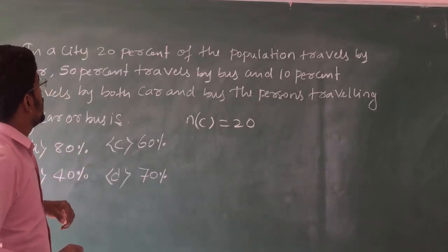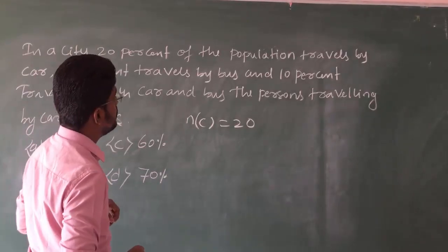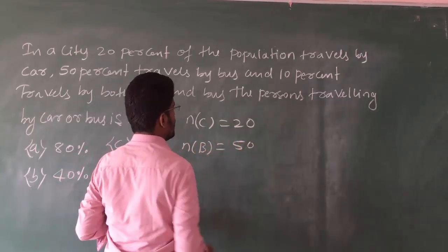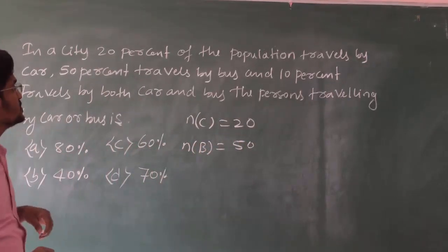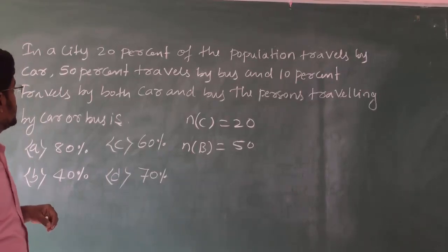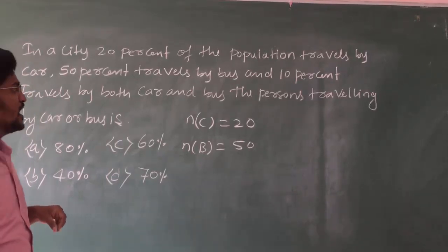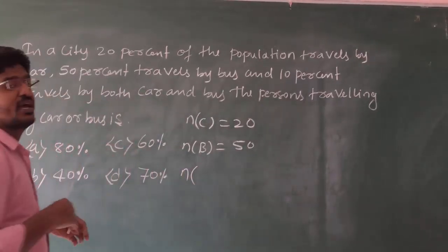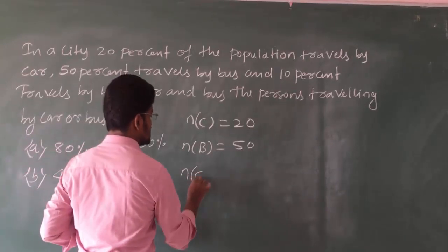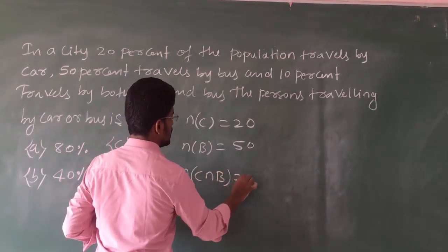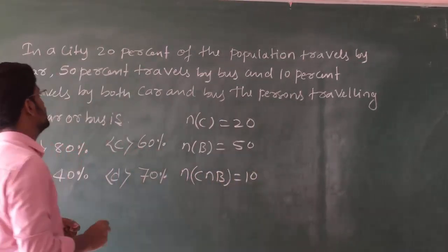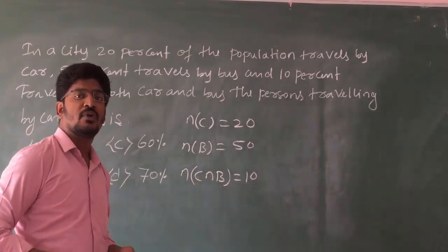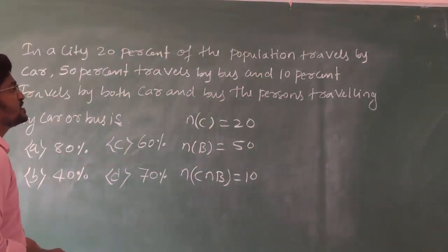And n of B is 50. N of C is 20, n of B is 50, and 10% travel both car and bus, that is, they are traveling by both car and bus. That means C intersection B is 10. Both means that is common.